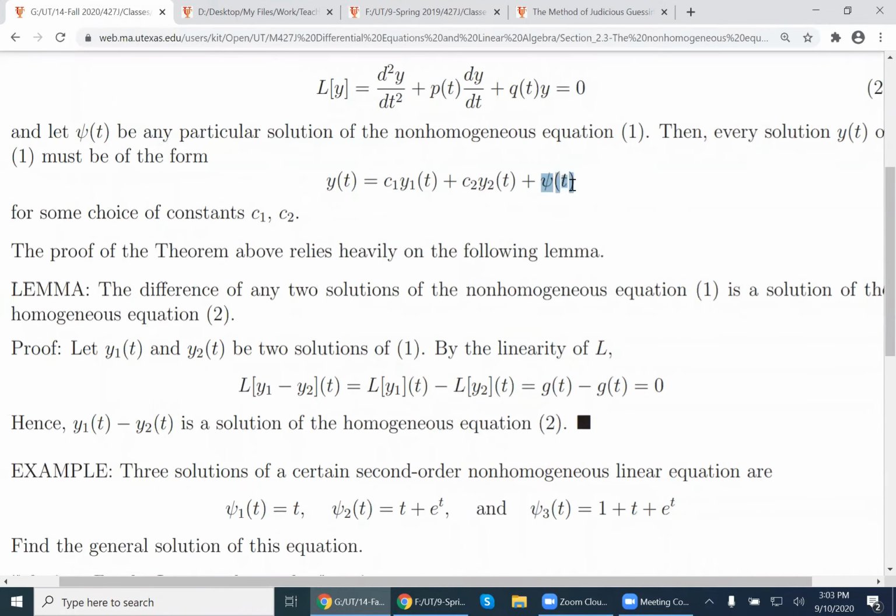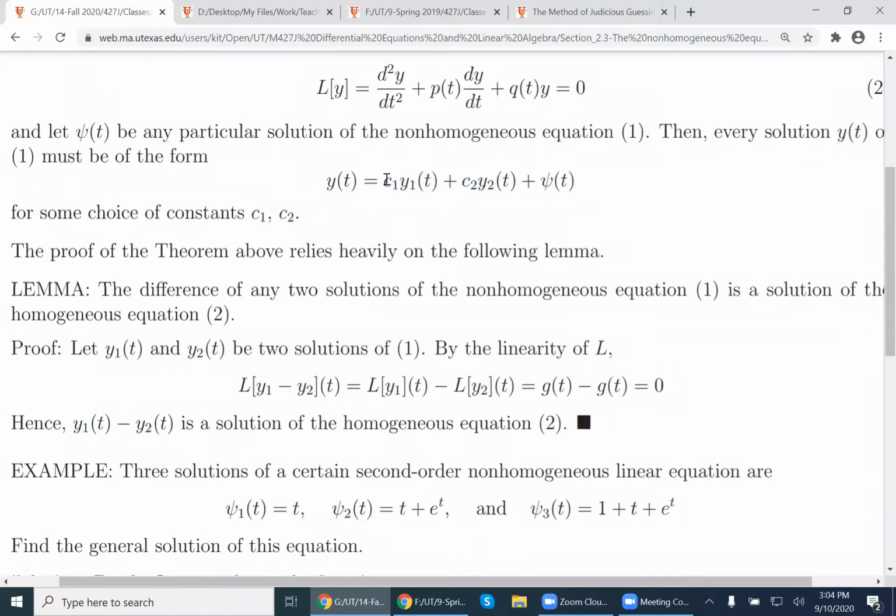We can replace psi either by psi1 or by psi2 or by psi3. Question is, how to find this portion, the general solution of the corresponding homogeneous equation?